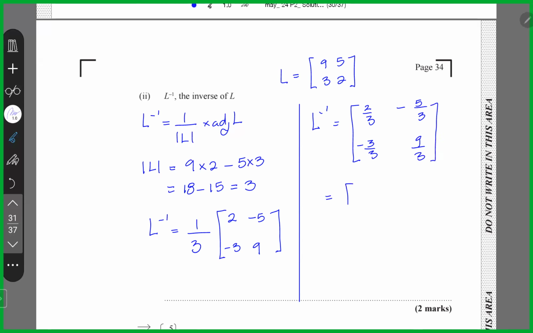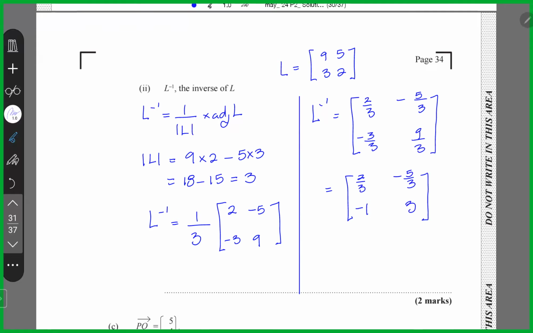L inverse is 2/3, minus 5 over 3, minus 1, 3. That is L inverse.